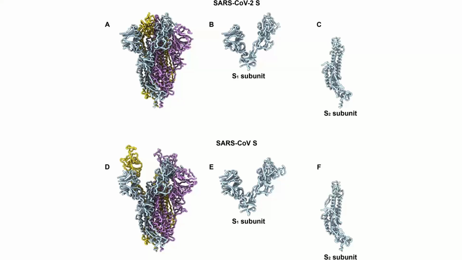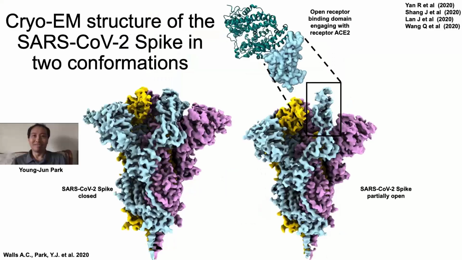Now, at the beginning of 2020, even though we knew that SARS coronavirus 2 was most closely related to SARS coronavirus 1, many people were postulating what the receptor of this novel coronavirus was. It was later shown structurally and also biochemically that the receptor is ACE2. This receptor is exactly the same as the receptor used by SARS coronavirus 1.